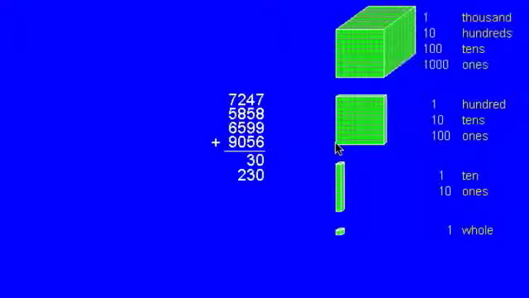So 15 hundreds, so we add 2 zeros. And thousands, 9 and 6 are 15, 5 is 20, and 27 thousands, so we have 3 zeros. And then we add the partial sums. 2, 8, 7, 6, 0.